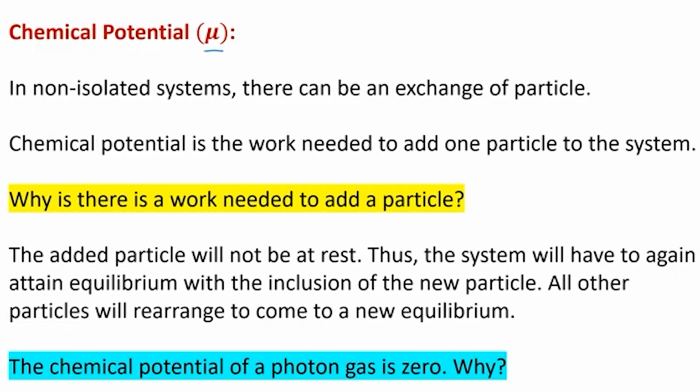It is like an extra student comes in the class, and you would think that if there is a bench or a seat available, this extra person will sit in the extra bench which was previously unoccupied. But that does not happen for a gas, because this added particle will not be at rest.